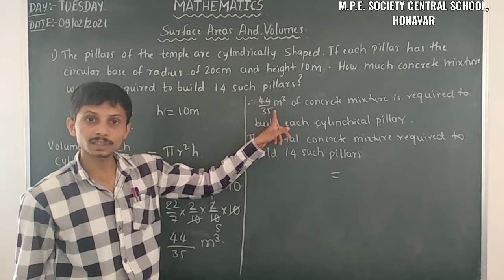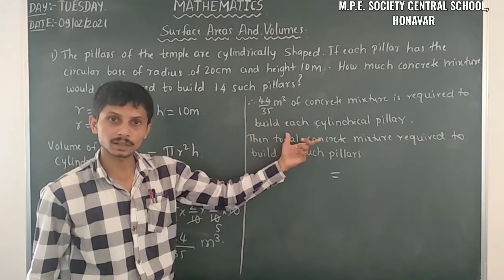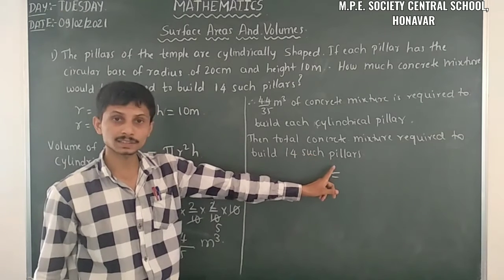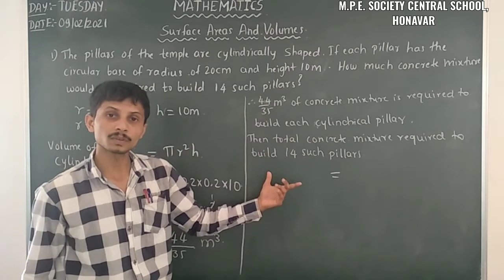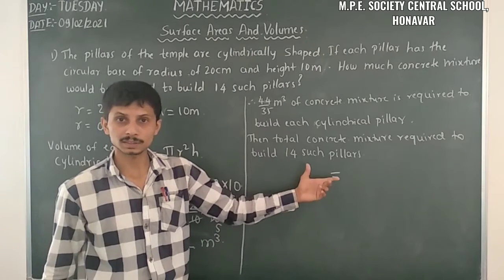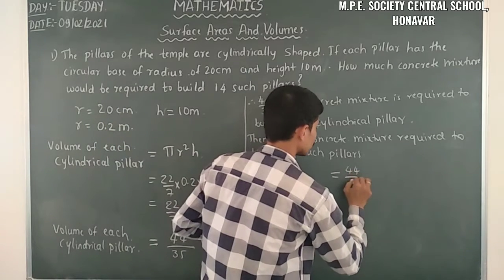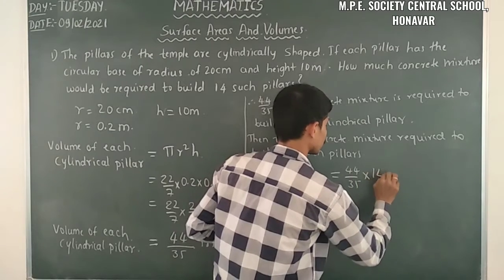That volume is nothing but the volume of the concrete mixture required to build that pillar. And there are 14 such pillars. So the total amount of concrete mixture required to build 14 such pillars is equal to 44 by 35 into 14.